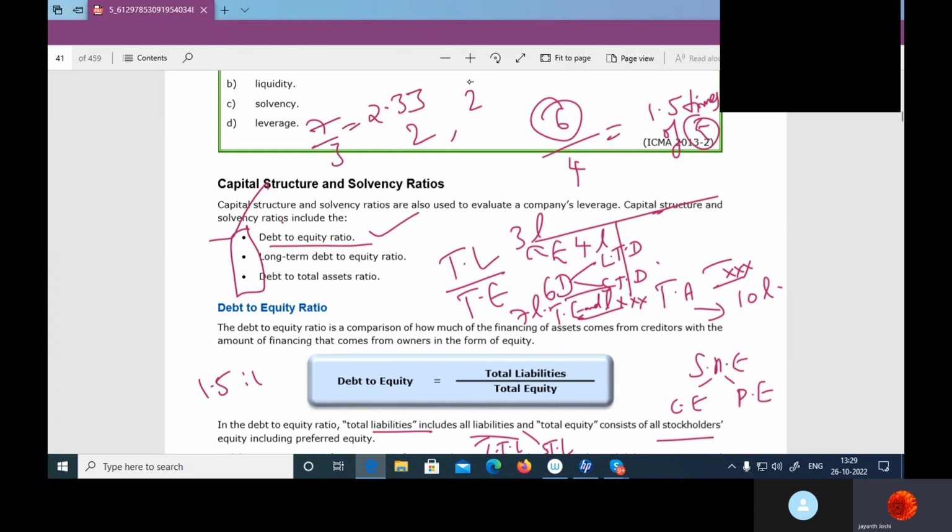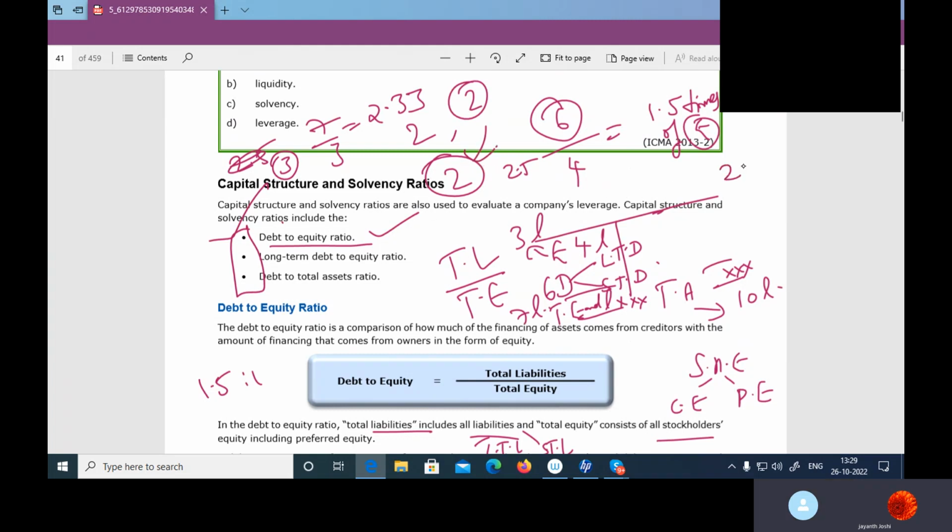That is almost 2, correct? If it is 2.5 or more than 2.5, I can take 3. If it is less than 2.5, between 2 and 2.5, I can take 2.